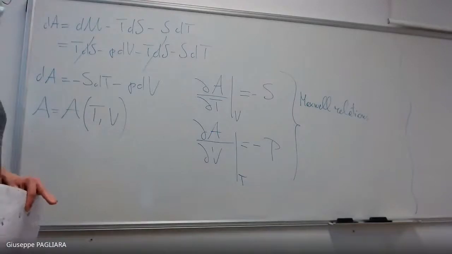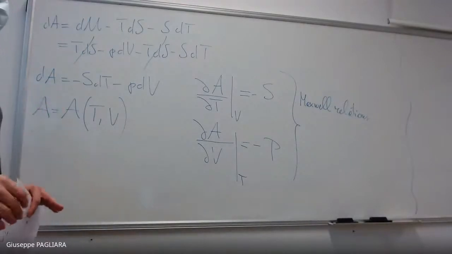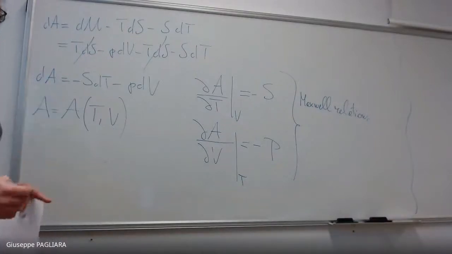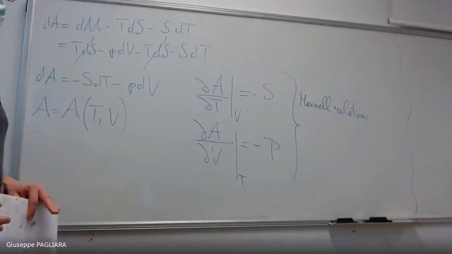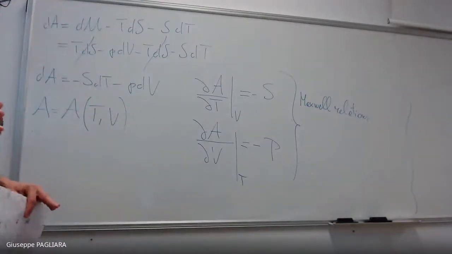Because I can easily fix the total internal energy and the total volume to be constant, as we did before. Now I told you, let's try to describe a situation which is more realistic, in which the system is actually not isolated, but is in contact with the reservoir, and therefore the temperature is fixed.